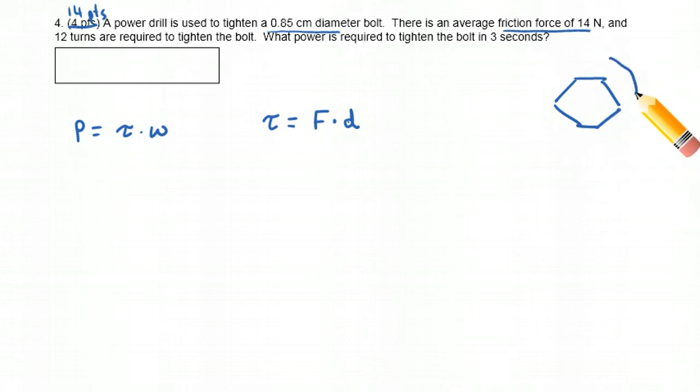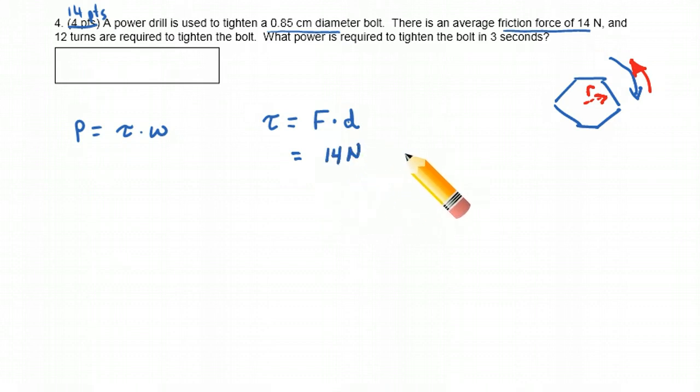If we're turning it this way, there will be a friction force this way, and then the radius of the bolt is where we would use that average friction force. We've worked some similar problems like that. Hopefully you understand that.